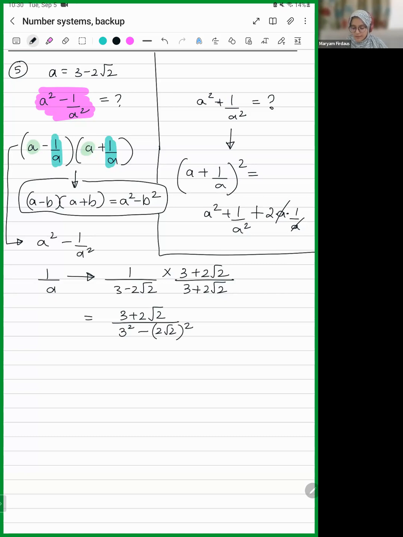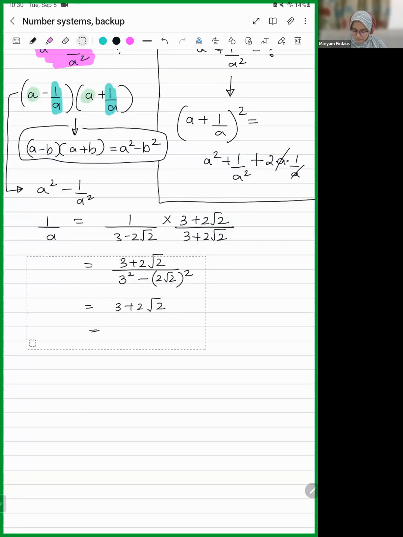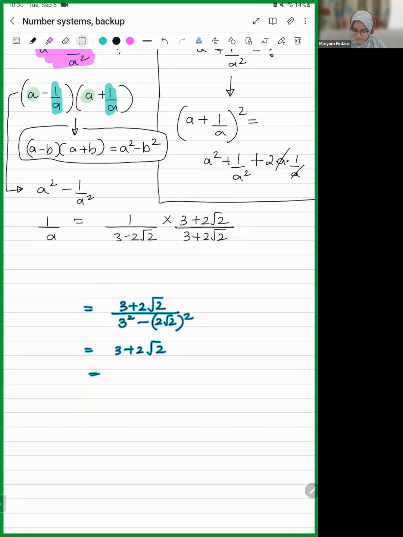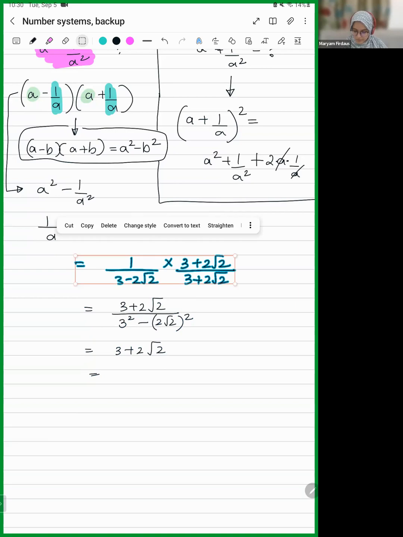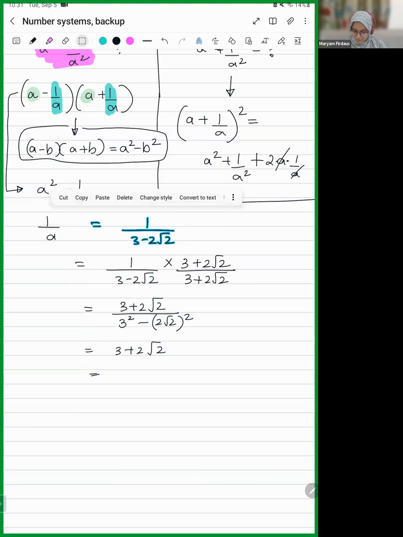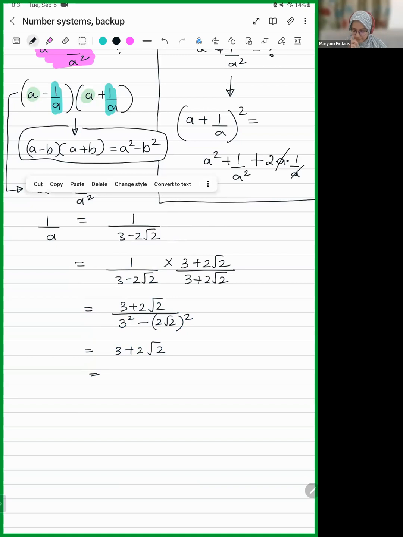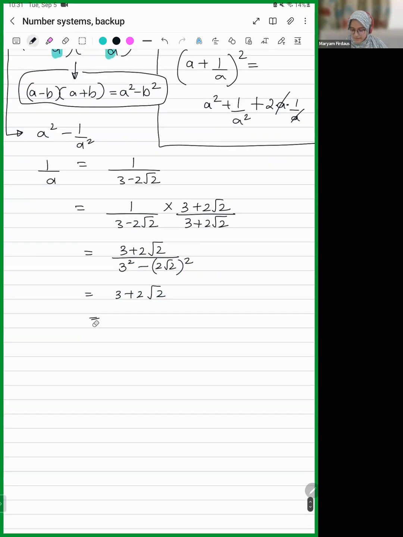Now the numerator we will write as it is. Will it be 5 root 2?